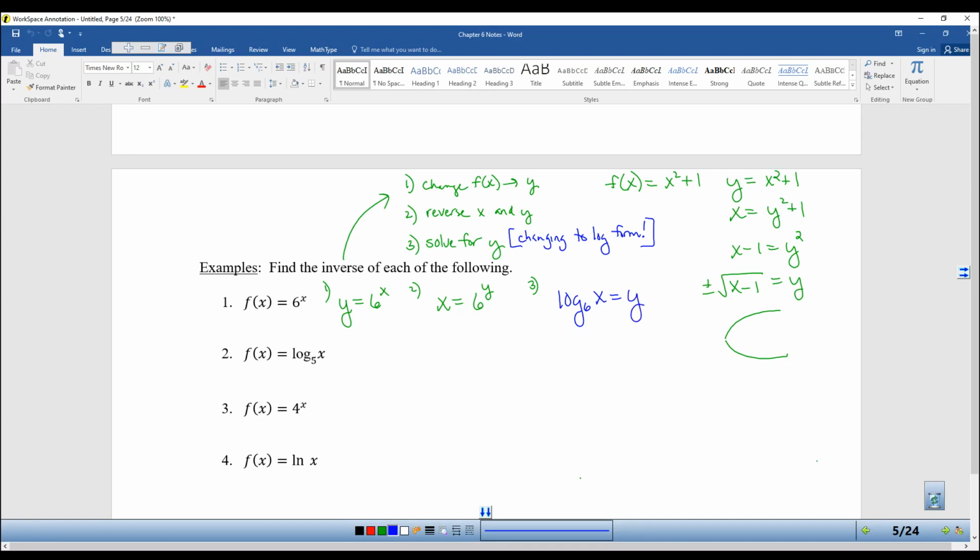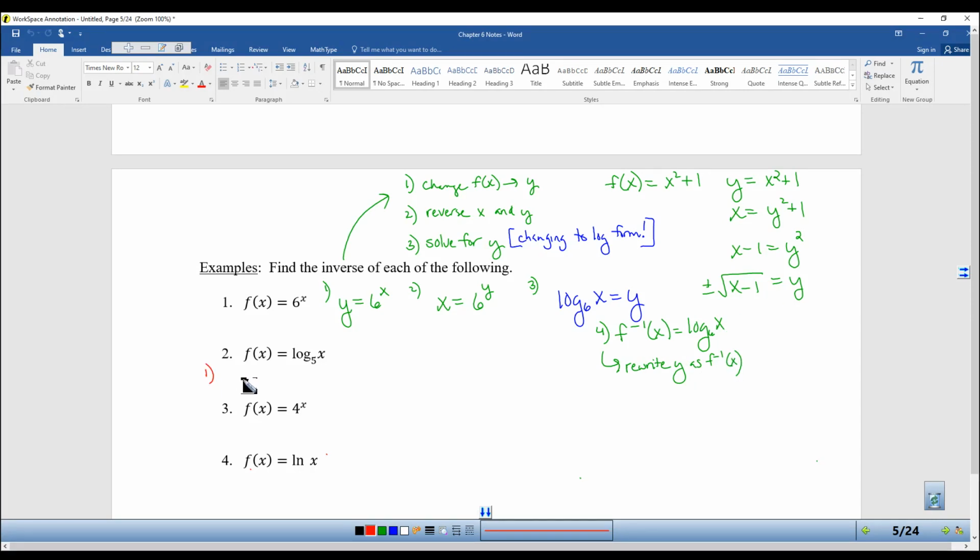That is the inverse function. Technically, there's a step 4. If you want to go the extra mile, that would be great, and actually call it f inverse is equal to log base 6 of x instead of just y. So step 4, rewrite y as f inverse.